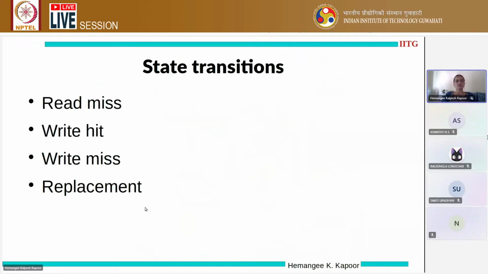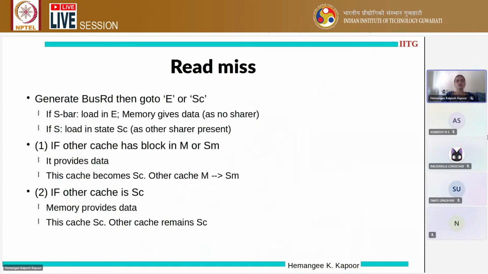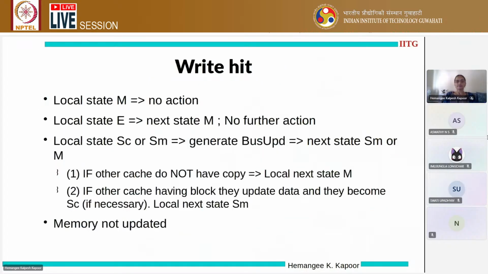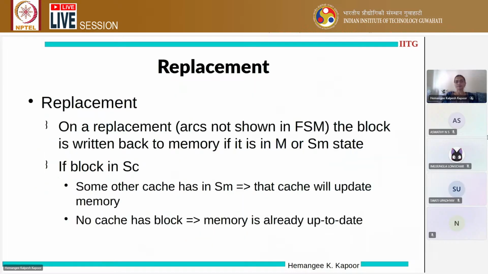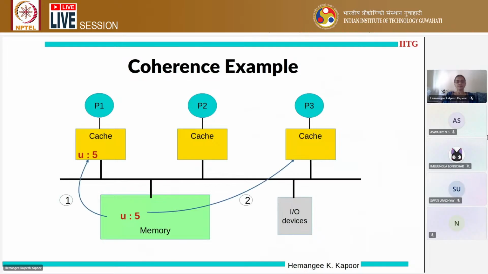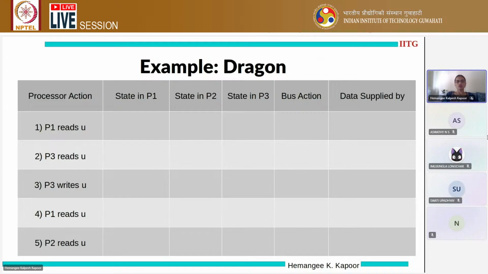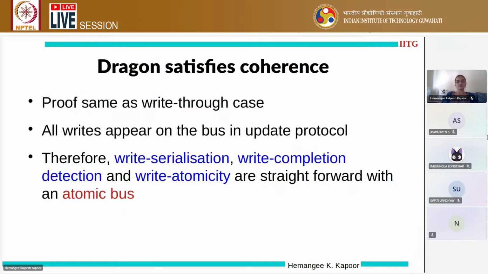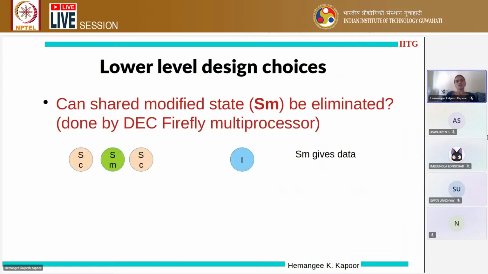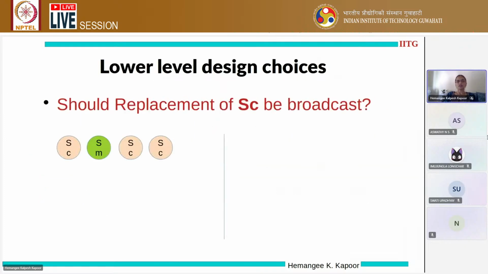Okay, so in this lecture, we've seen detailed descriptions of all these actions. And we also saw a detailed example of the state changes and then the proof that it satisfies coherence.